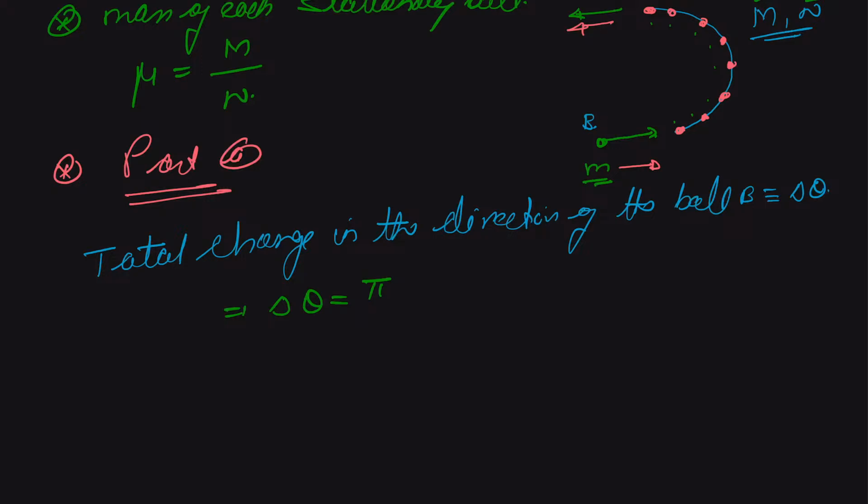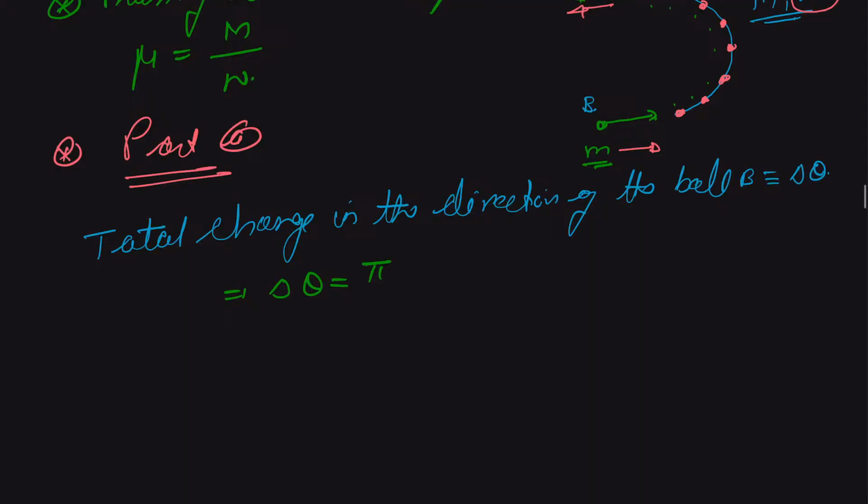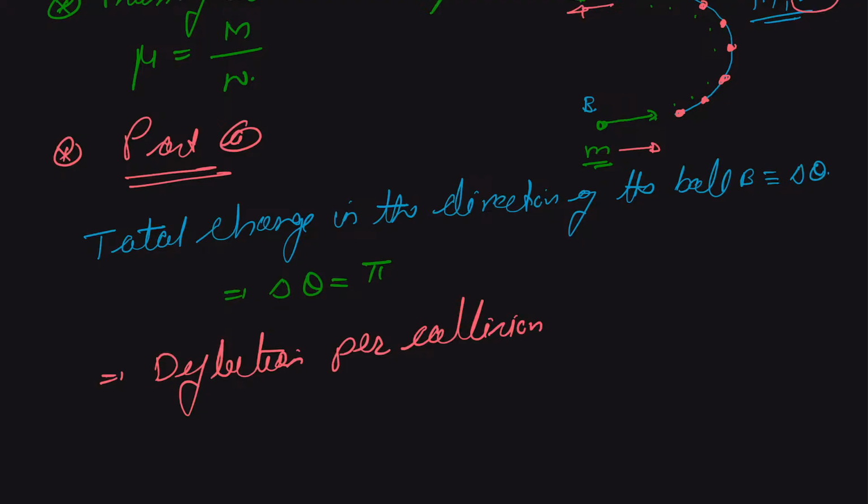So if the total deflection is pi, and the number of balls is n, from here we can find out the deflection per collision. So we can say that the deflection per collision, let us call this theta, and this theta will be equal to total deflection divided by number of balls.